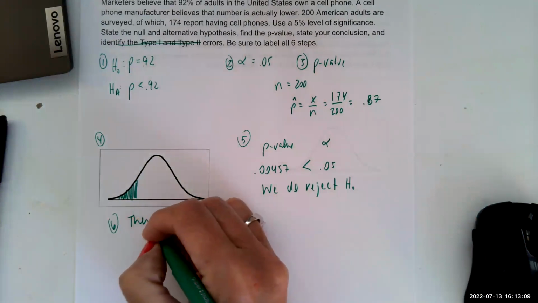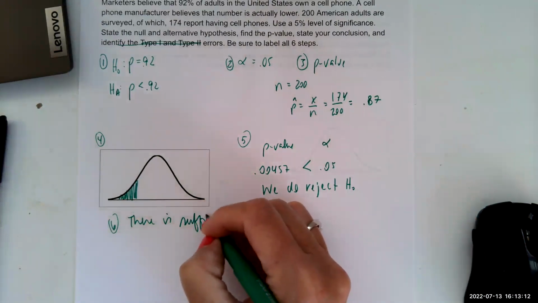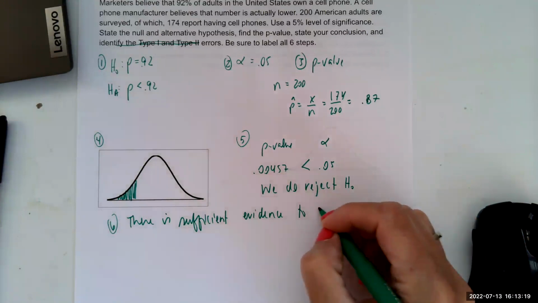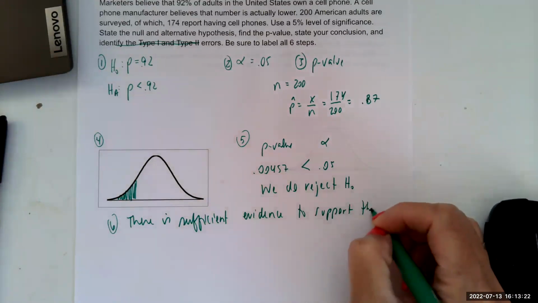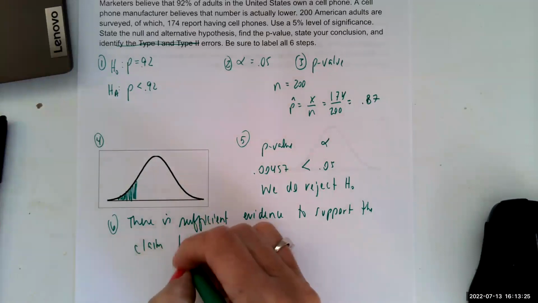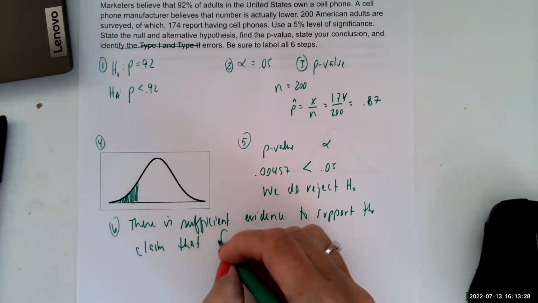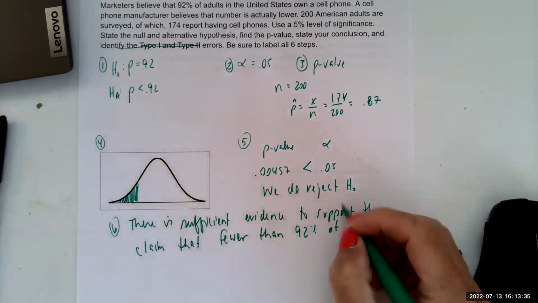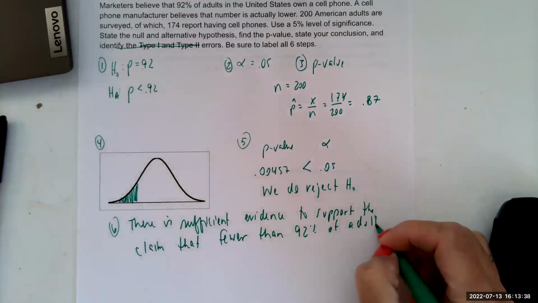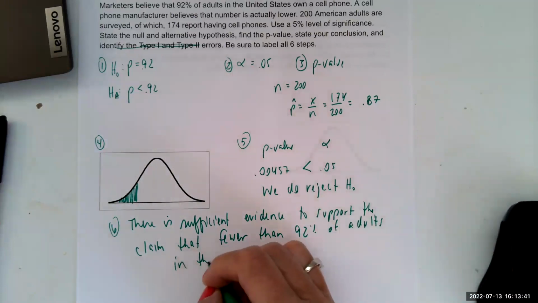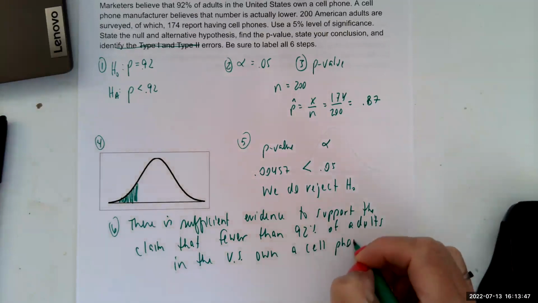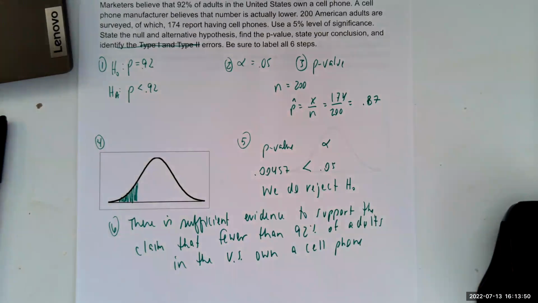So there is sufficient evidence to support the claim that fewer than 92% of adults in the US own a cell phone. 92% is pretty high, so I guess that doesn't surprise me too much.